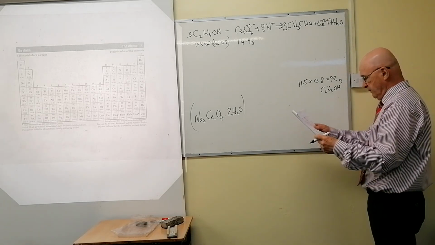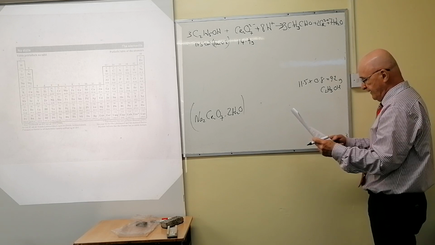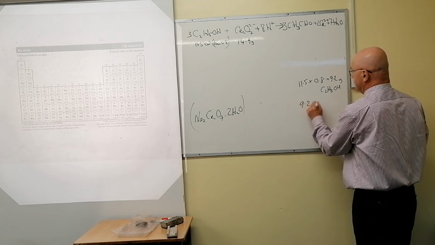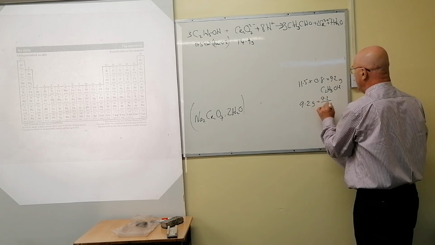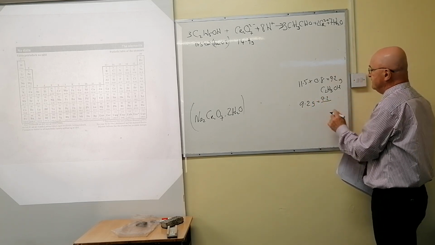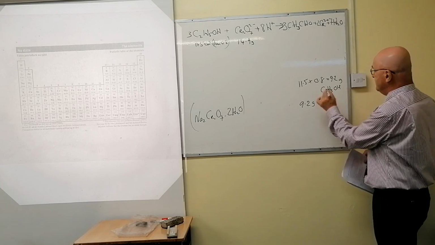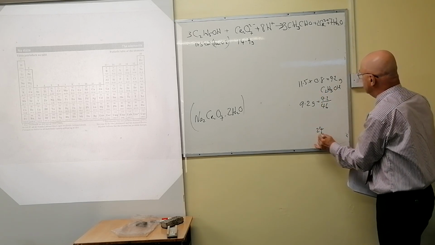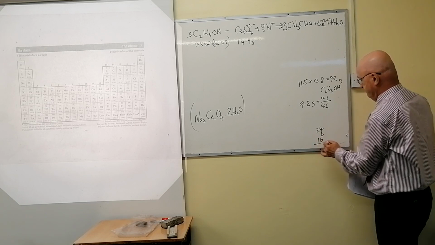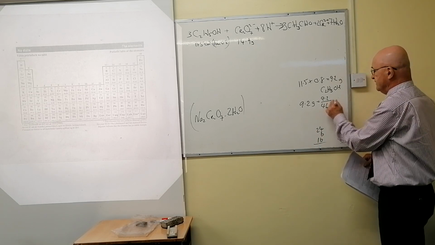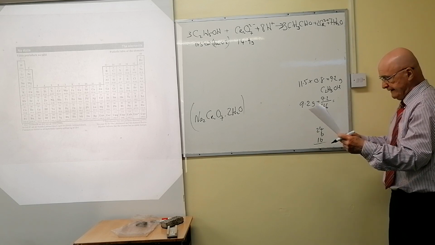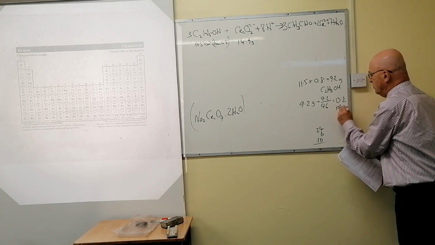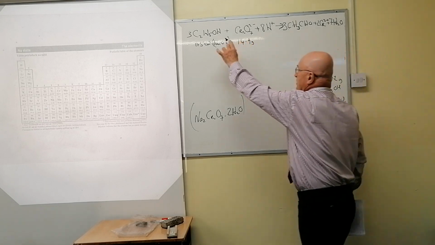So that's equal to 9.2 grams, which is 9.2 divided by 46. 2 carbons, 2 12s, 24, 6 hydrogens, and 16. 46 is right, and that comes out to be 0.2 moles of alcohol.